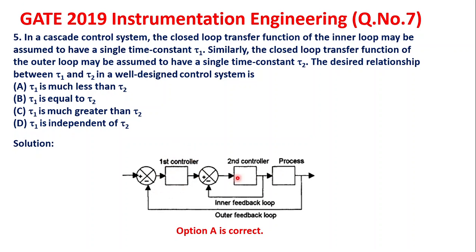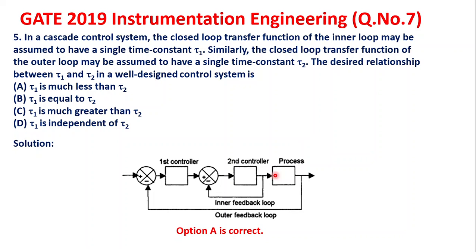Then only all the instantaneous outputs, feedback, comparison, and control action by the first controller will take place within this control. Therefore, this is going to decide how fast the control action takes place. Only if the inner feedback loop is acting fast, this will act fast.